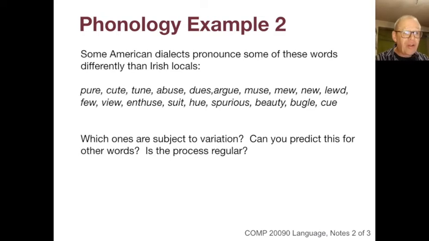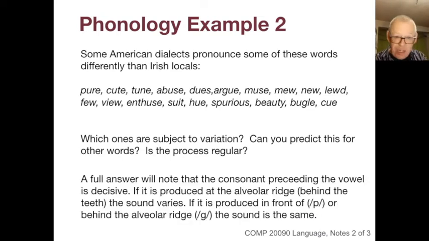And we're not going to dig into it too much. The answer turned out to be complicated, but it is regular. The consonant preceding the vowel is the conditioning factor. That's what matters. If it's produced just behind the teeth at the alveolar ridge, as many sounds are, like n, t, d, then the sound varies on each side.